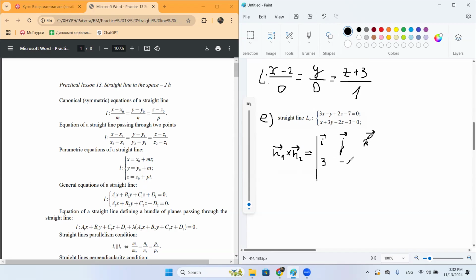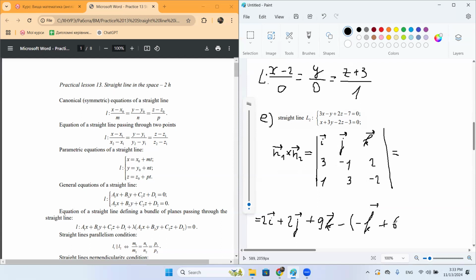So 3 minus 1, 2. 1, 3 minus 2. So 2i plus 2j plus 9k and minus k plus 6i and minus 6j.